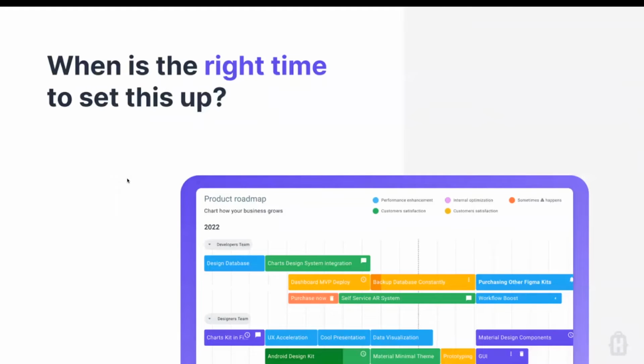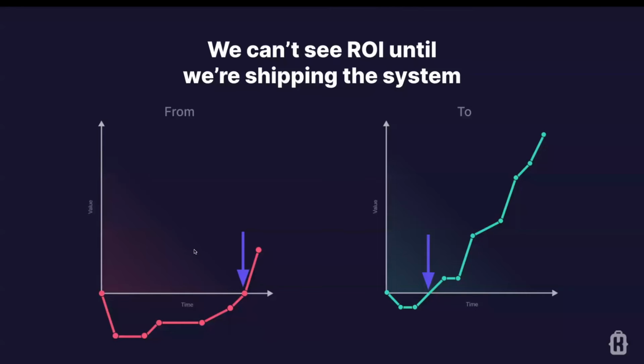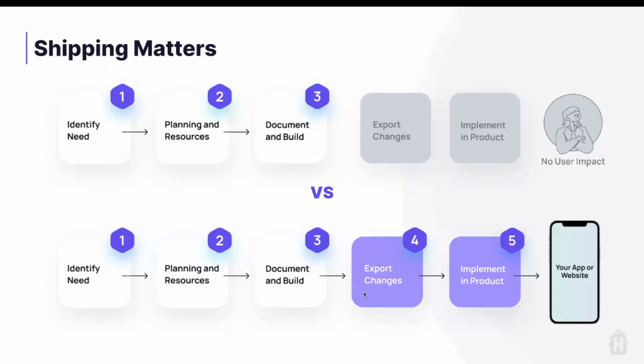So when is the right time to set this up? And kind of what we were talking about early on, it's not down the road. It's right now. Setting this stuff up right away allows us to get that return on our investment very quickly. And so when we looked at our pipeline earlier, we have these 5 to 6 stages in there.